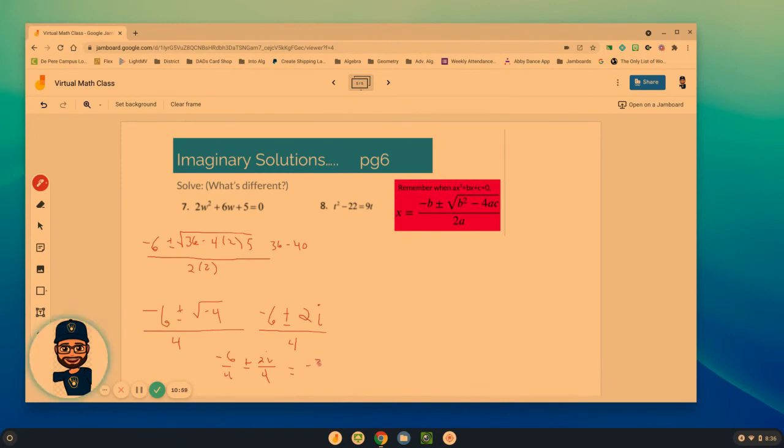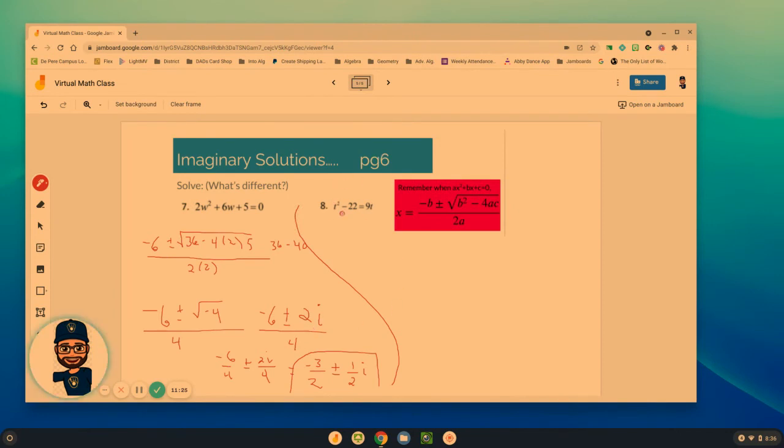That's negative 3/2 plus or minus 1/2 i. Negative 3/2 plus or minus 1i. And it again stems back from the quadratic formula. And then once we get a negative underneath, remembering that we can take out the negative, replacing it with i.